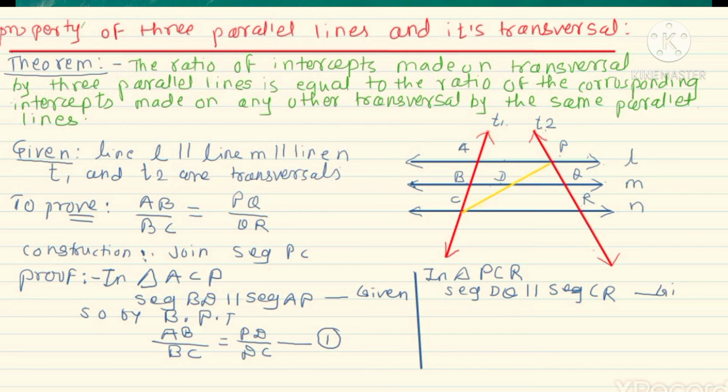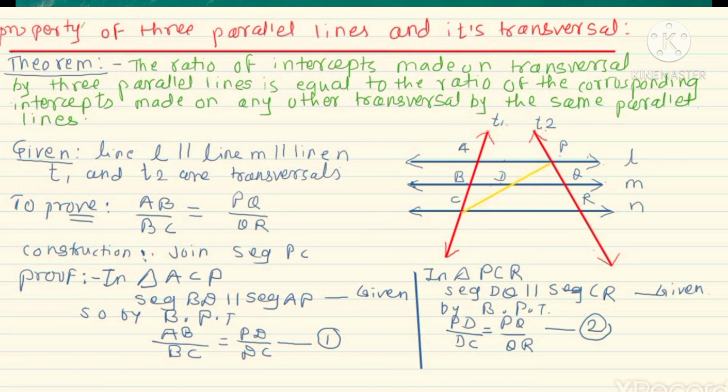It is given. So if there is a line parallel to one side of a triangle, we can use the BPT theorem, and by applying it we get PD upon DC, that is, the first intercept upon the second intercept, is equal to PQ upon QR. We denote that as expression number 2.